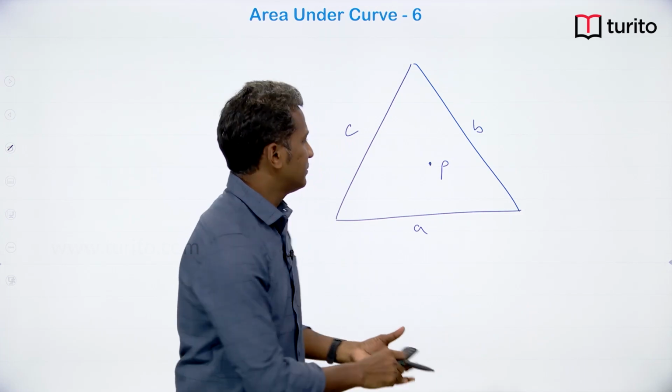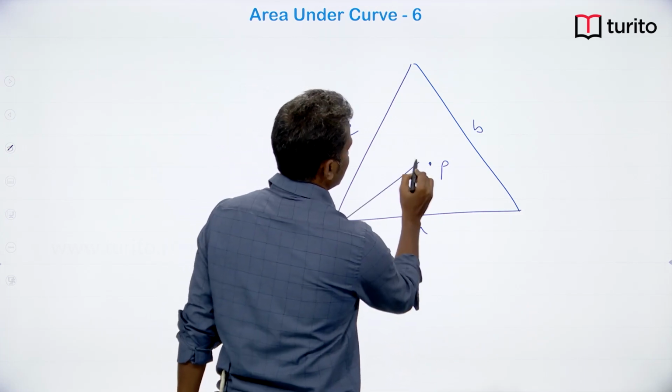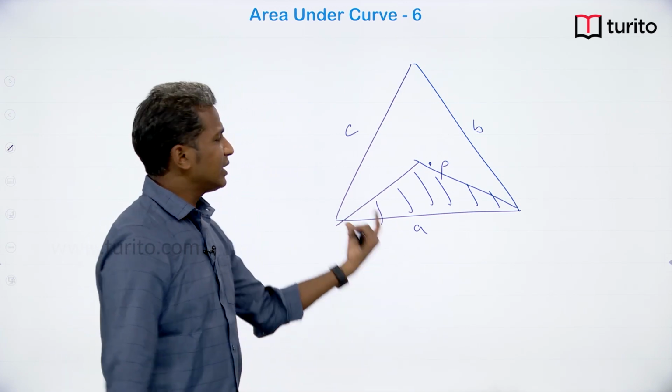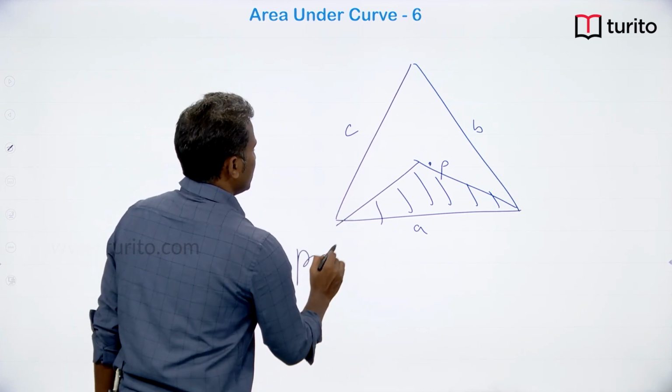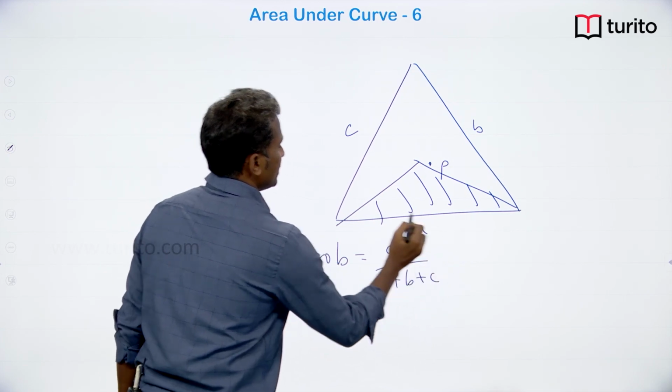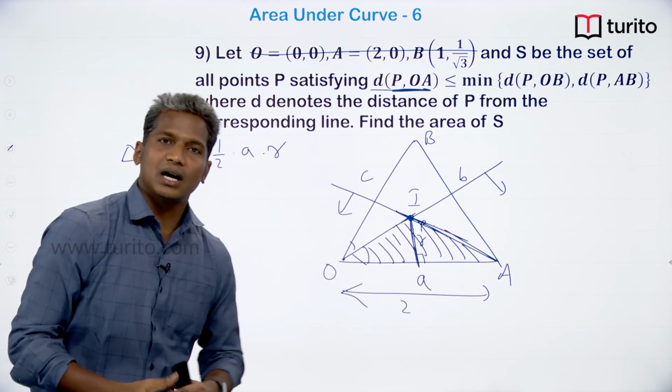The question becomes the same, and again we have to go for the same area here. So we can calculate the probability to be a by (a plus b plus c). This also you can verify using the same idea as the earlier question.